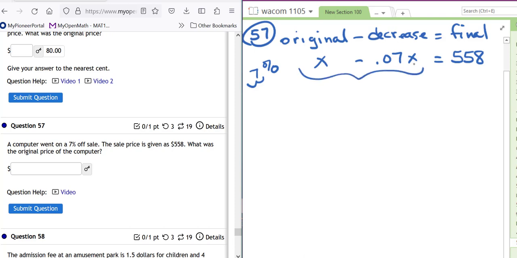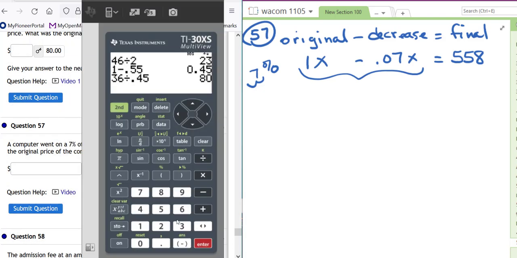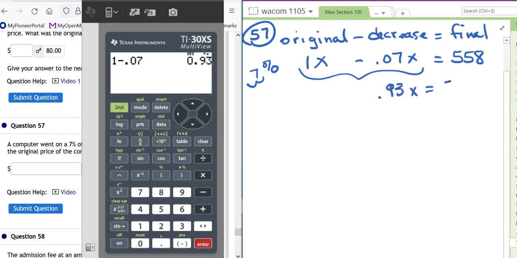Remember, these are like terms, and don't forget your coefficient here is a 1. 1 minus 0.07. You can go to your calculator. It's going to be 0.93. So 0.93x equals 558. And we'll do that on the calculator.